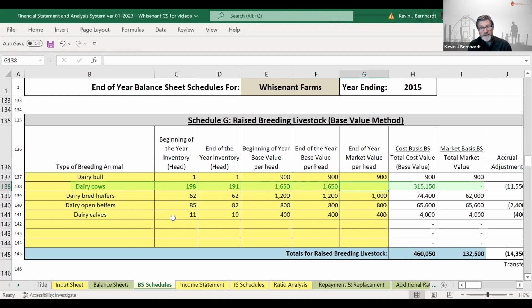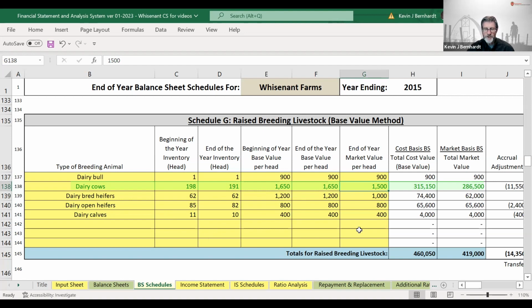In this case, this is not connected to the base value at all. We're just going to go out and look at the marketplace and see what we could normally receive if we were to sell these animals in the marketplace today. In this case, this year, it's about $1,500 is what they're worth in the marketplace, which, as you can see, is different than the base value. And that's typical that it would be something different.